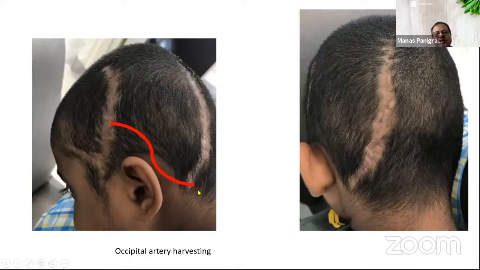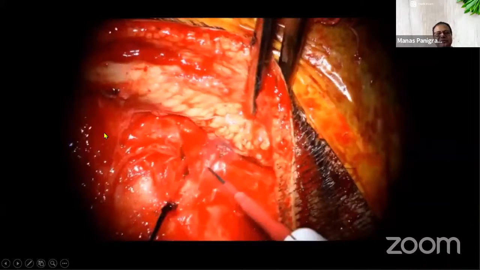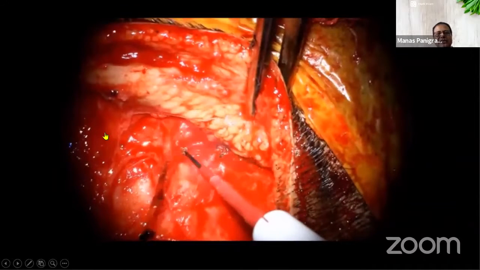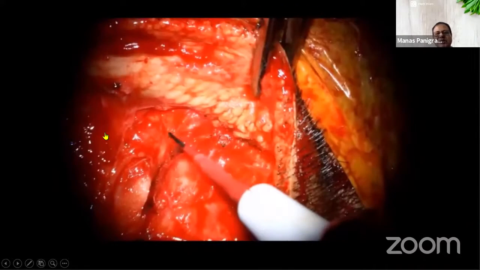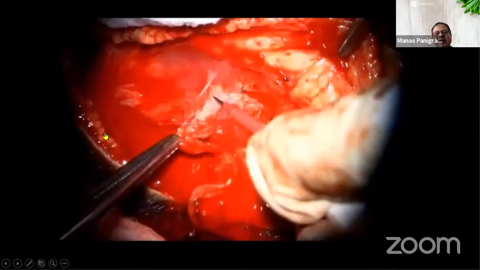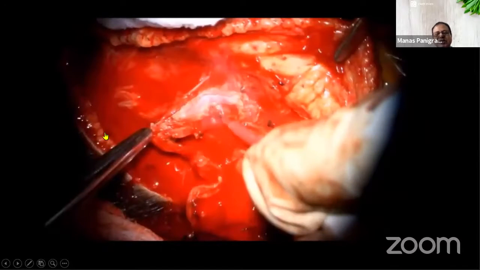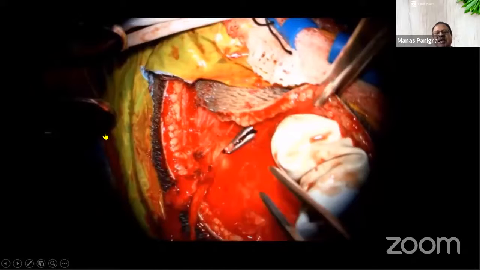So the occipital artery was mobilized, and then it was brought under the flap here to do an MCA anastomosis. And this is a small video clip of that. This is the harvesting of the occipital artery. Professor Nair has made my job easy because he already explained the anatomy of the occipital artery.